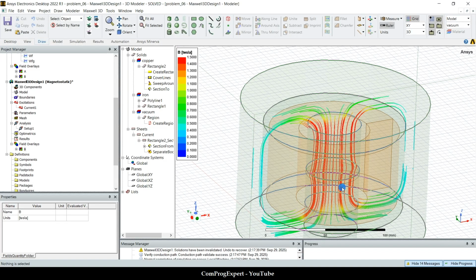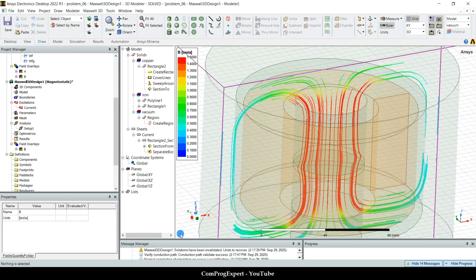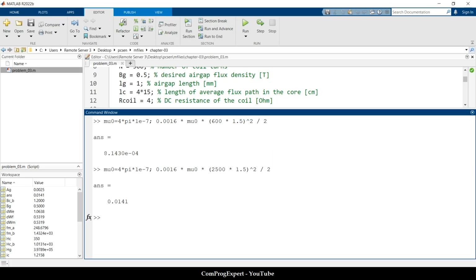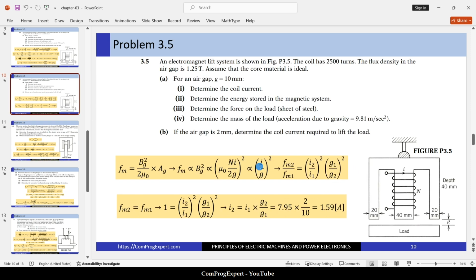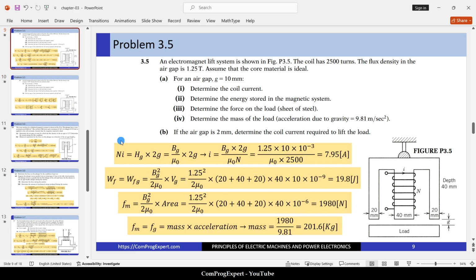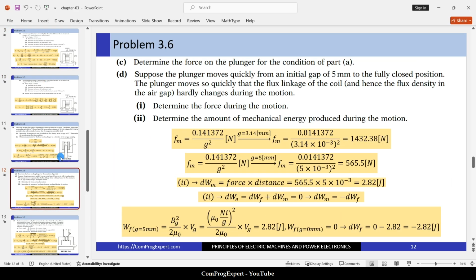You can visualize these streamlines in your case. Okay, so this is the relationship, part B. As you can see, the force is proportional to 1 divided by gap to the power 2. We derived this equation multiple times in the previous problems.